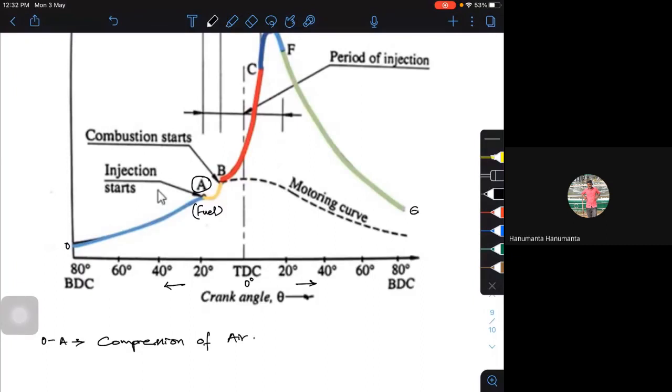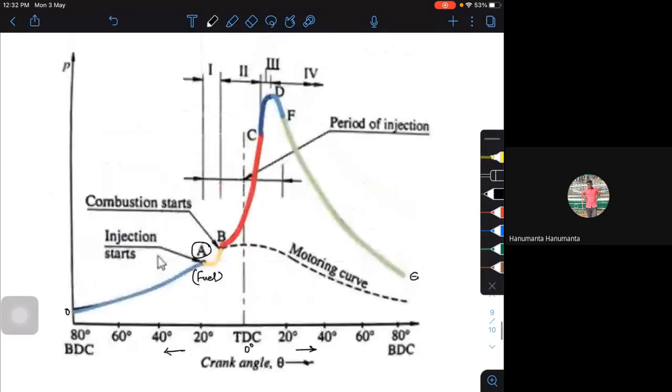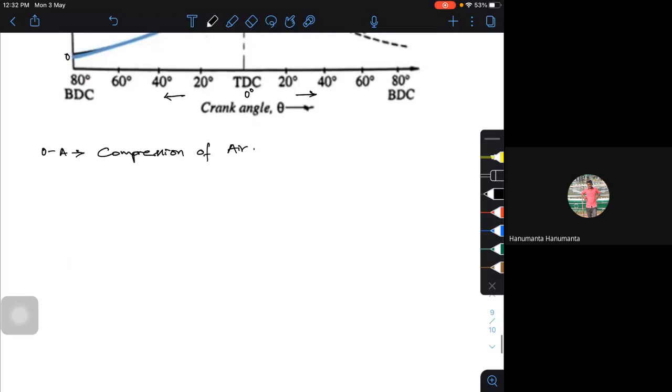But that doesn't happen. There is a little bit of delay, so it will follow a curve something like this, the yellow one. There is a little bit of lag between A and B. So A to B is what is called the ignition lag or delay of ignition.